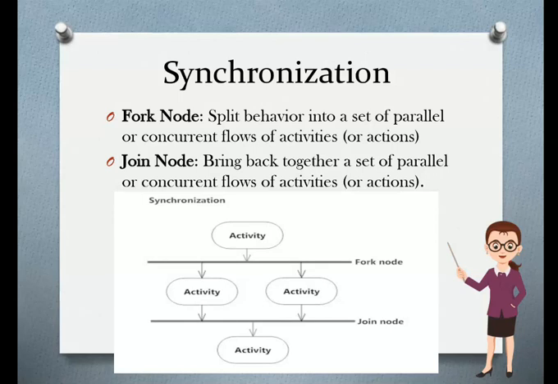To represent that, I can use a fork. A fork node is represented with a horizontal thick bar, right? Whereas to join those parallel activities, we use a join node, and the notation for both is the same, a horizontal thick bar, right? But the first bar is known as a fork, and where you join the multiple activities is known as a join node.